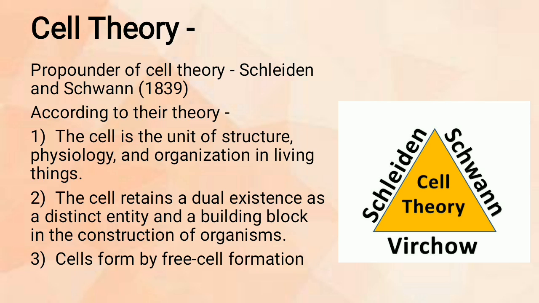Schleiden and Schwann compared their findings and formulated the cell theory. According to their theory, the cell is the unit of structure, physiology and organization in living things. The cell retains a dual existence as a distinct entity and a building block in the construction of organisms. Cells form by free cell formation.